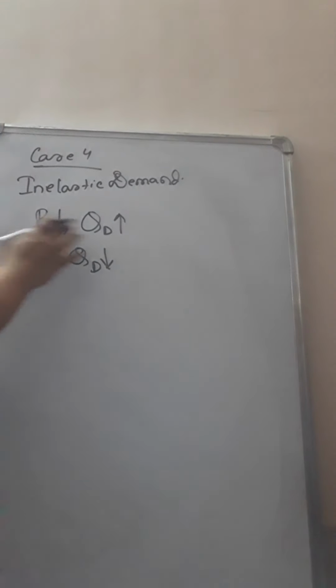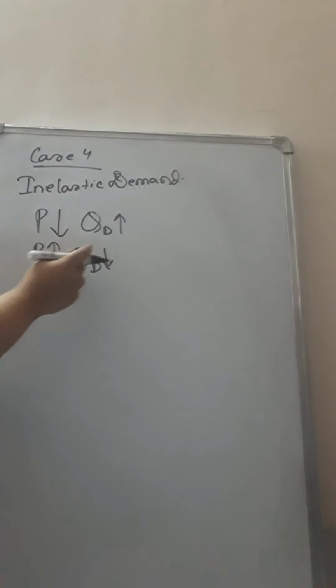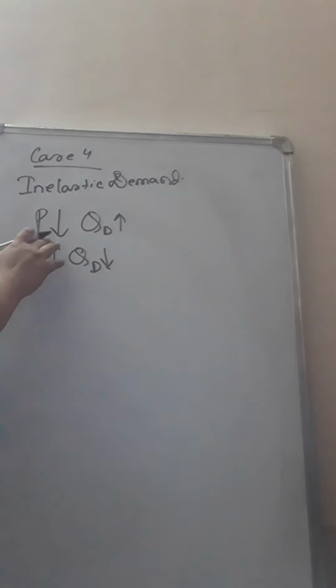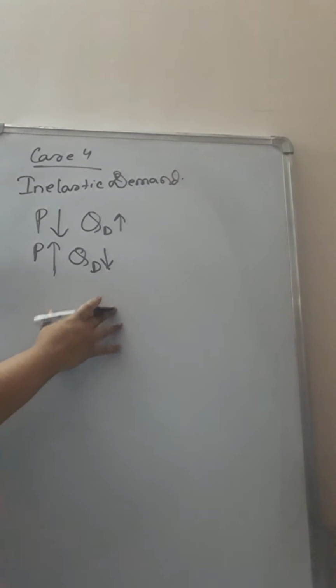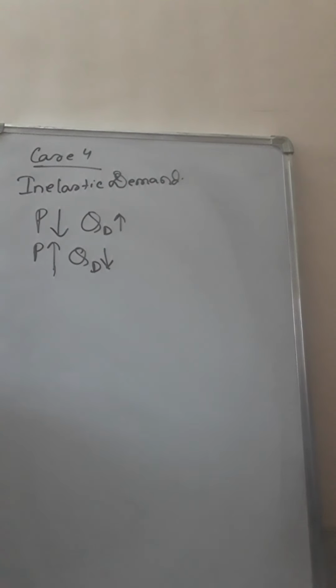But if you compare, as a result of price fall, the demand increases very little. See the size of the arrow. Here I am using the size of the arrow as the notation to show you how the quantity demanded is behaving. Now as a result of price rise, the quantity demanded is falling, but not by that much.